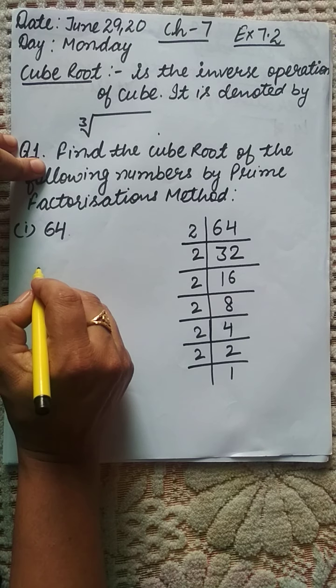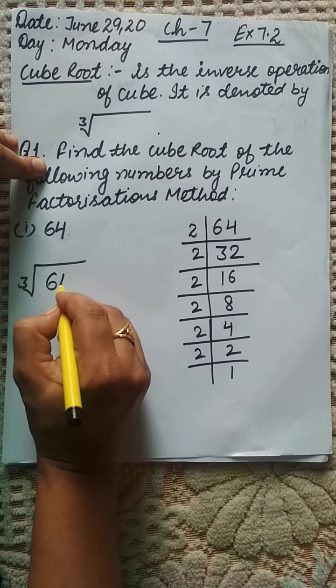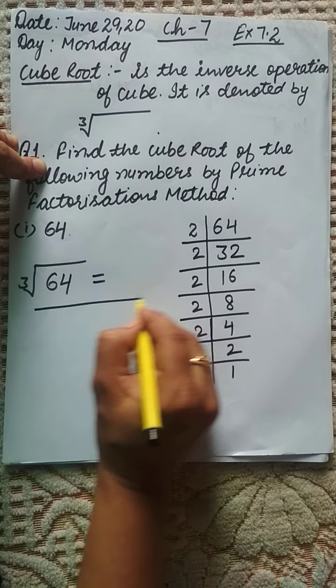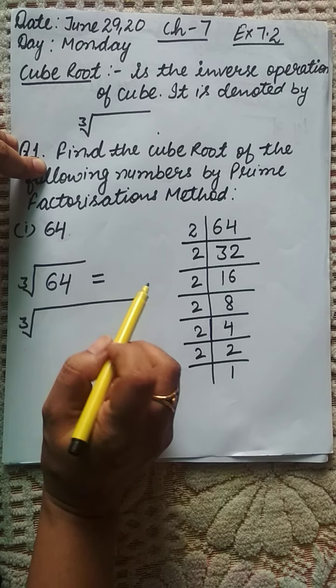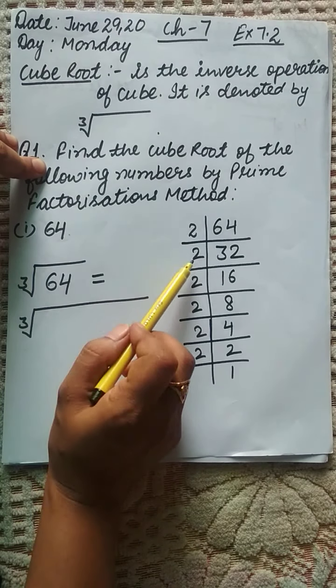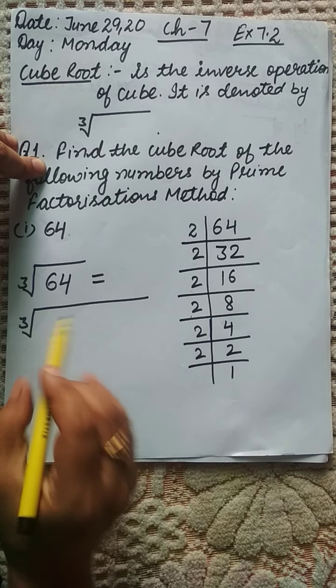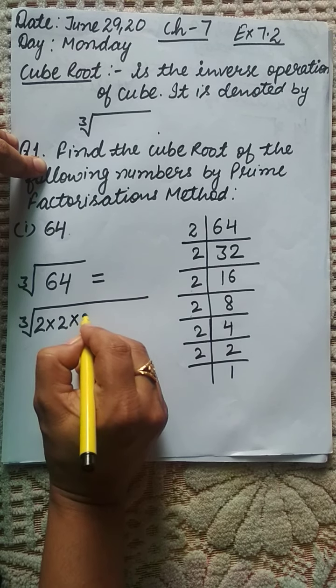So how will I write the cube root? I will write here 3. This is 64 is equal to cube root. I'll write down the prime factors. You can count how many times 2 is here. 1, 2, 3, 4, 5, 6. 2 is existing 6 times here.